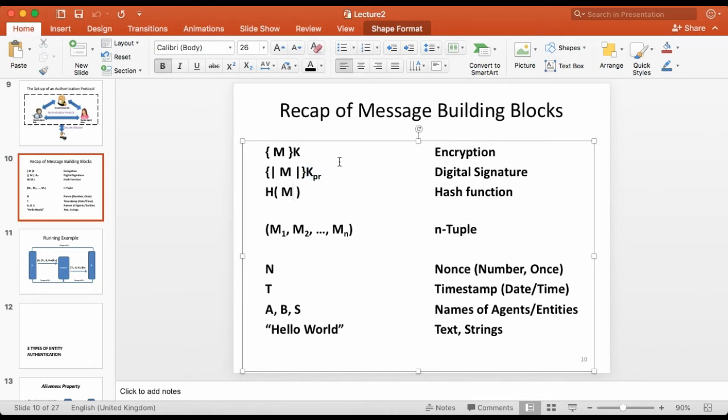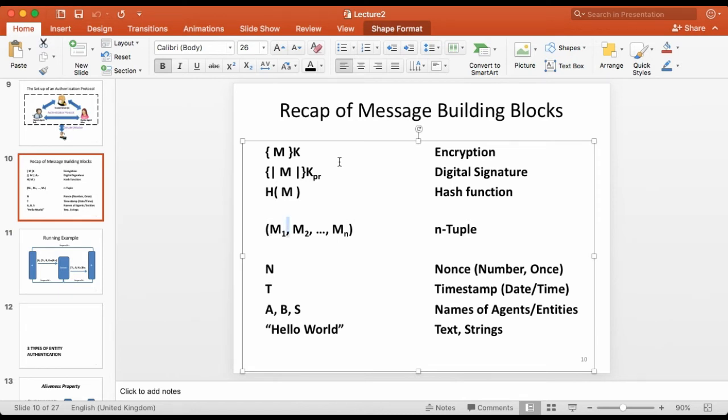Then a hash function is simply the letter H applied to message M. That means the message M has been hashed by whatever this hash function is, whether it's MD5, SHA, whatever. Then we also have composition of different items put together, and remember we used the comma symbol for that last week.